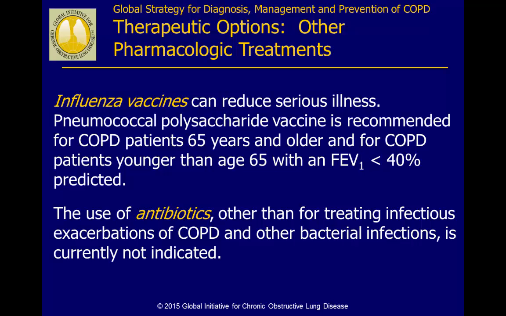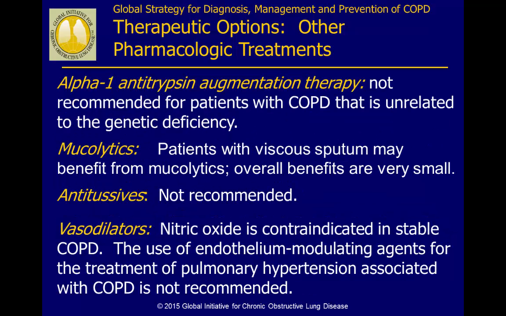Antibiotics, we already discussed, are basically used for infectious exacerbation and other bacterial infections, but don't overuse them. Alpha 1 antitrypsin augmentation therapy is not recommended for patients with COPD that do not test positive for this genetic deficiency.